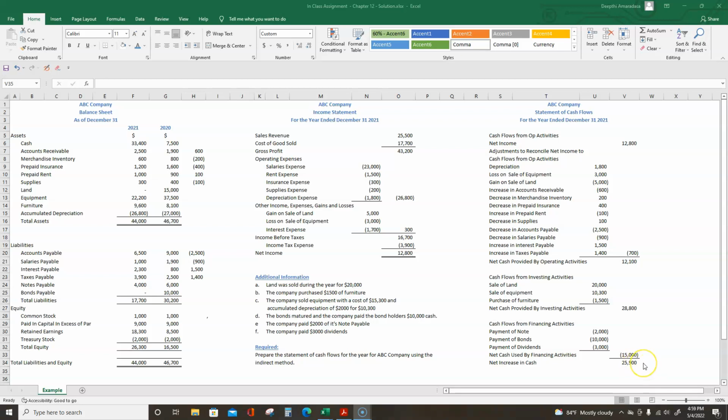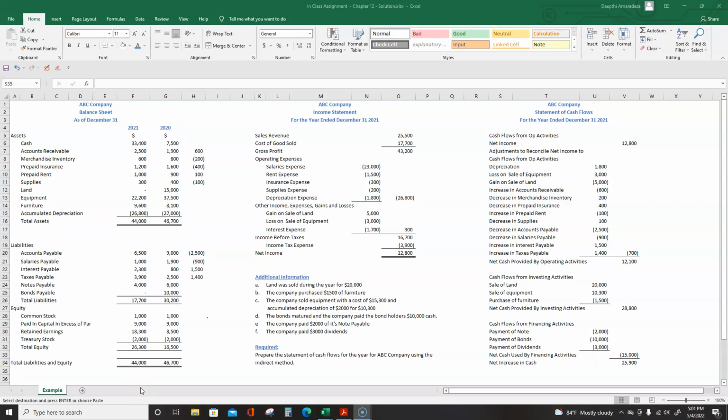Well, of that 25,900, 12,100 was provided by operating activities, which is what they do day to day. 28,800 was provided by investing activities, which is from buying and selling long-term assets. 15,000 was used by financing activities for paying back long-term liabilities or in paying dividends to common stockholders. And then that resulted in a net change of 25,900 during the year.